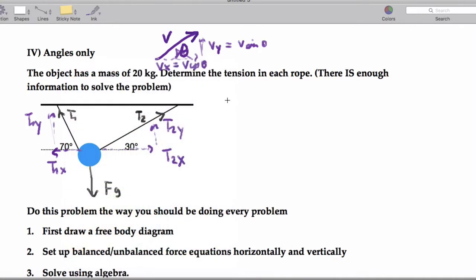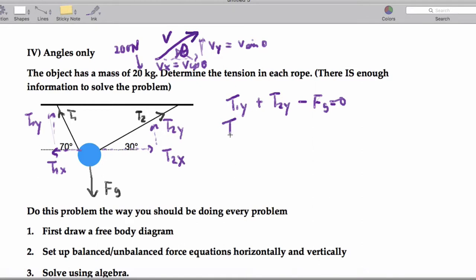So here, vertically, I'm going to have T1y plus T2y minus Fg equals 0. And just a reminder, the gravity force, or the weight, is 200 newtons because it's 20 times 10.